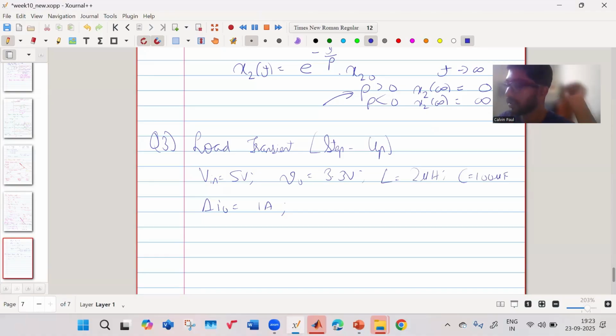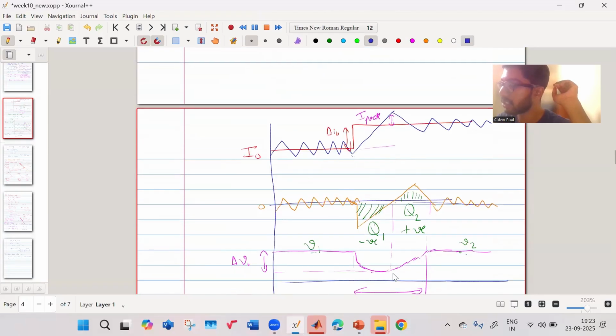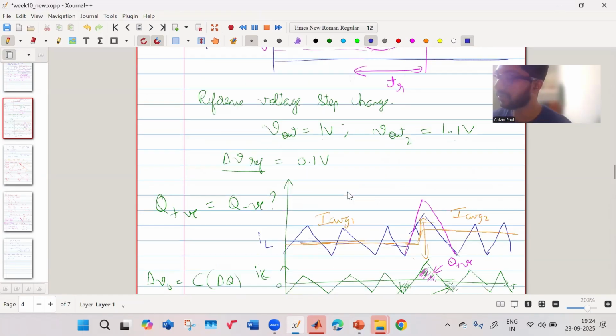So this is regarding the case which we consider, your load step up. For this, you have some formulas for I peak, for your recovery time, and for your voltage undershoot, delta V naught. Okay. So let us write the formulas.